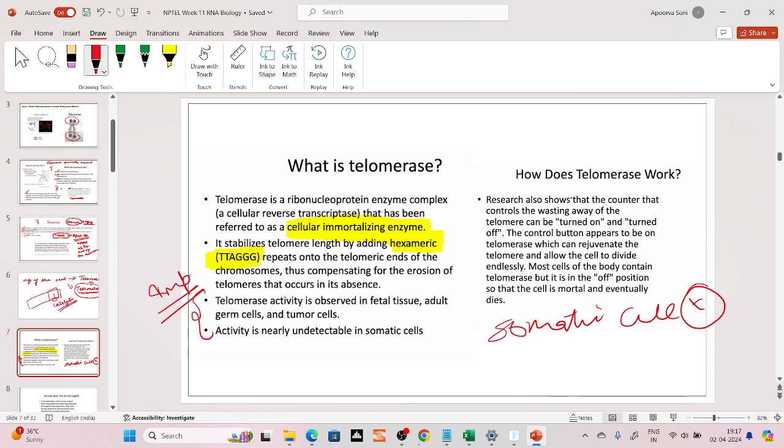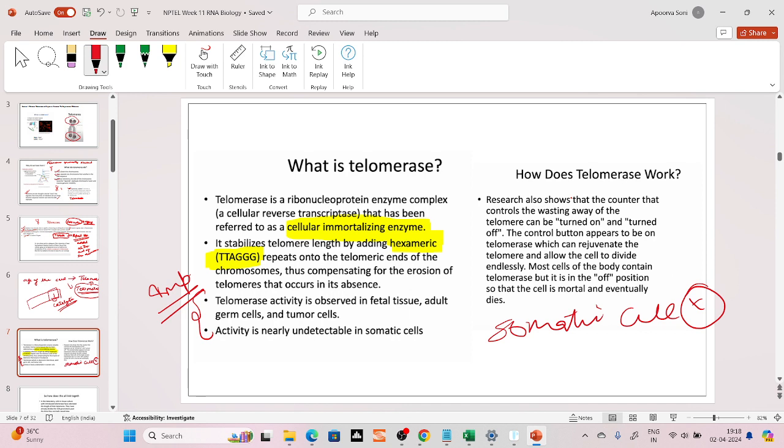Now, this is about the function of telomerase. Now comes how that function is attained by the telomerase enzyme. Research also shows that the counter that controls the wasting away of the telomere can be turned on or turned off. The control button appears to be on telomerase, which can rejuvenate the telomere and allow the cell to divide endlessly. Most of the body contains telomerase, but it is in the off position, so the cell is mortal and eventually dies.